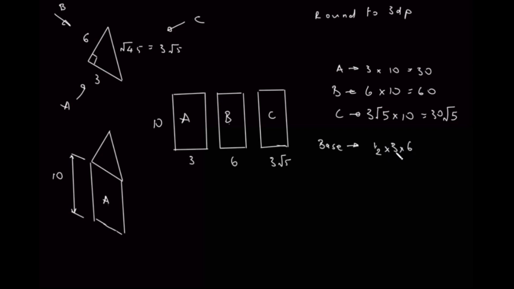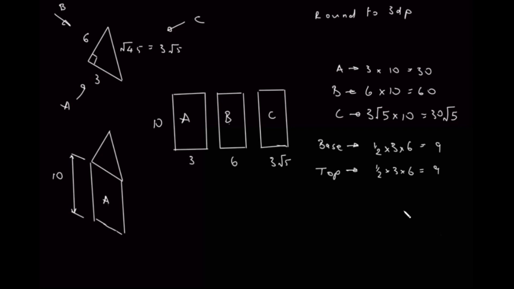Well, you don't have to multiply the 3 by half, you can multiply the 6 by half. Half times 6 is 3, 3 3s are 9. Now the top is exactly the same. The top of the shape here, exactly the same as the base. So again it will be half times 3 times 6 equals 9.